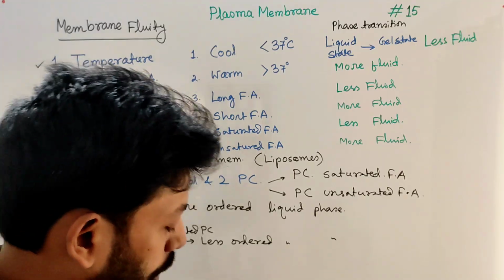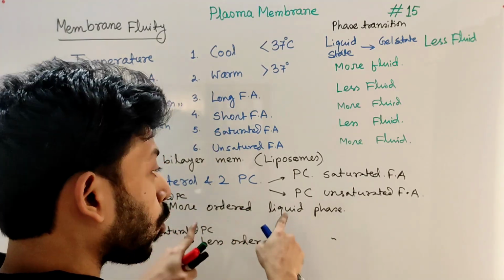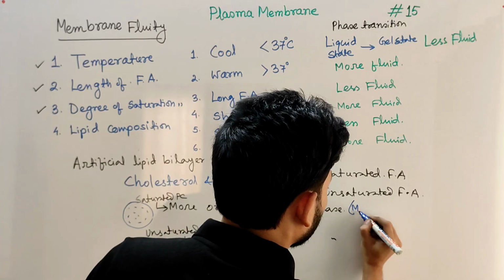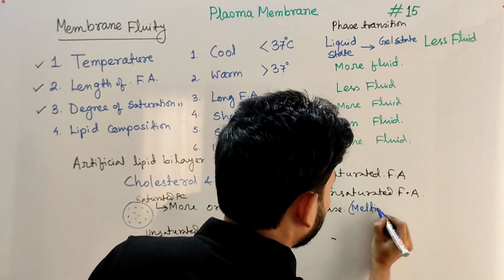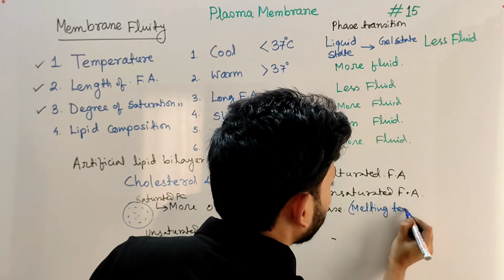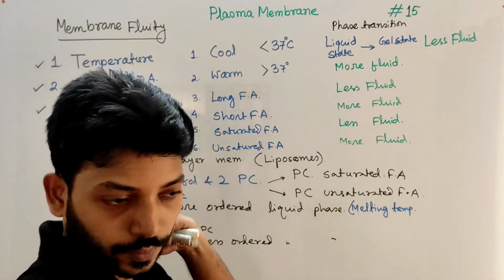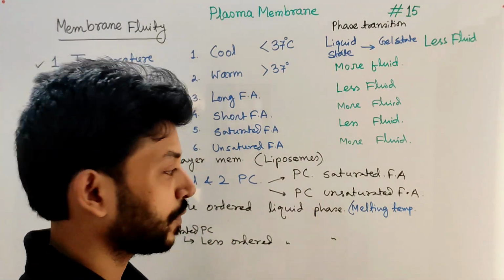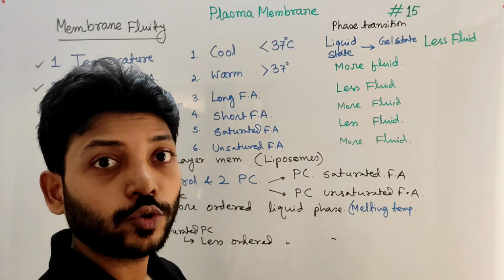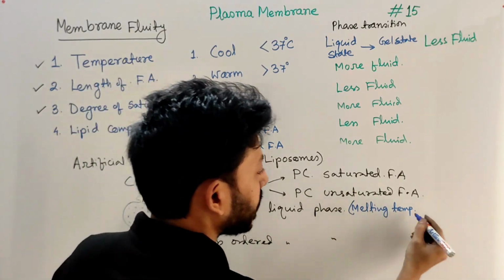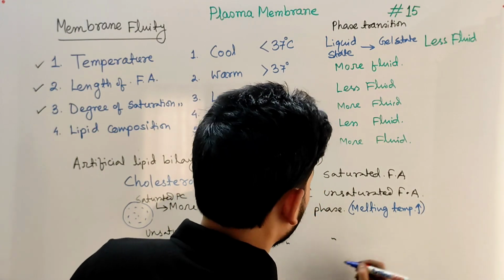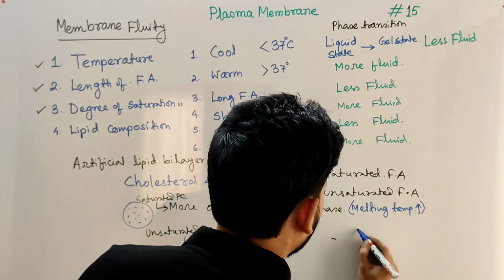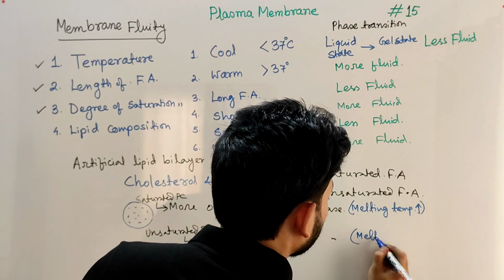Now they have observed that in the case of a more ordered liquid phase, the melting temperature, which means simply the temperature at which the gel state of this membrane will melt, so it becomes gel state to liquid state, is high here. But in the case of a less ordered liquid phase, the melting temperature is low.